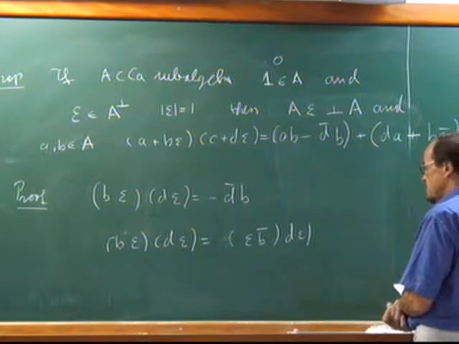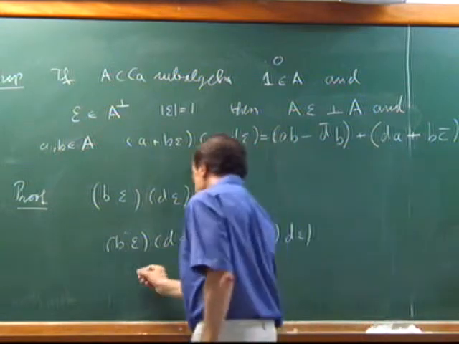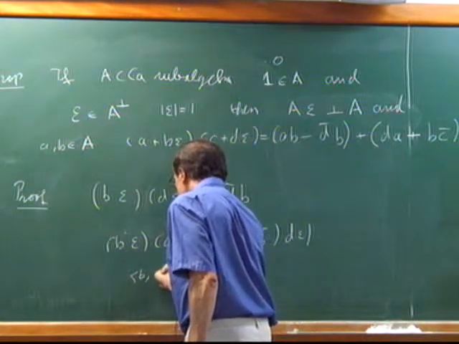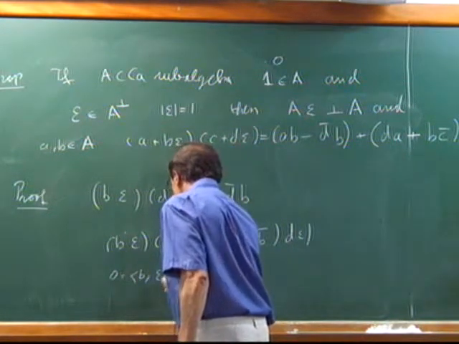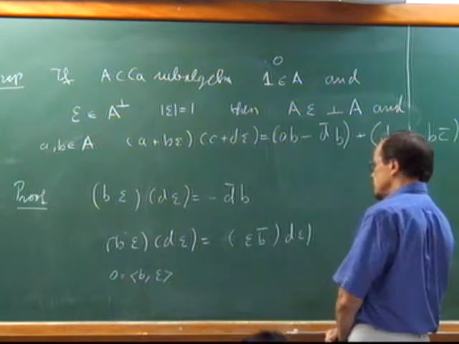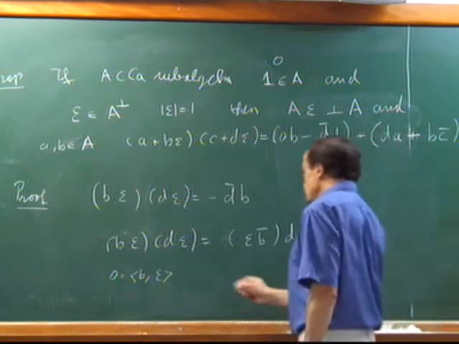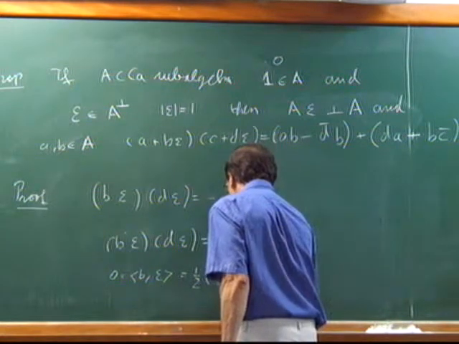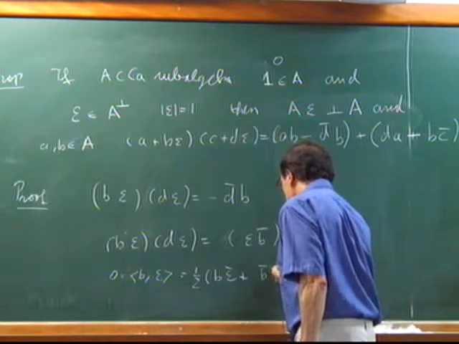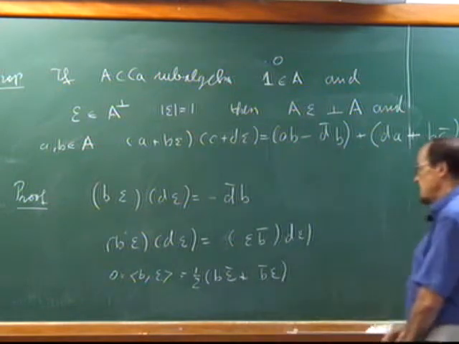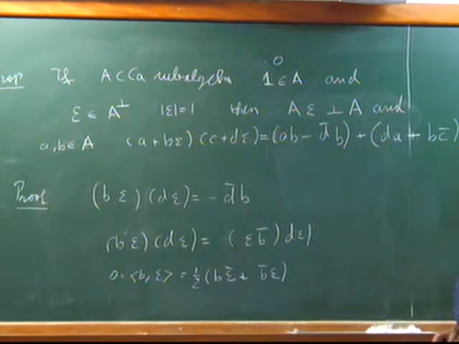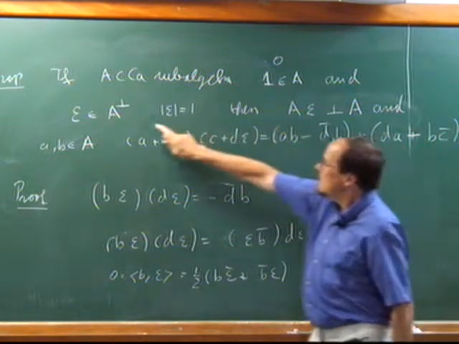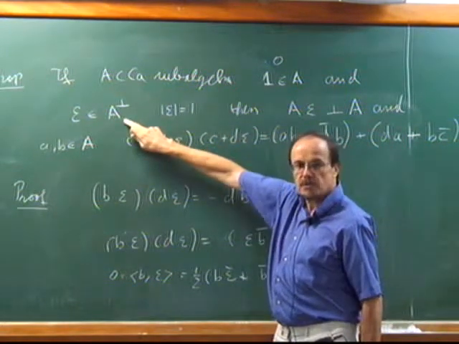So why is that? Well, B and epsilon were orthogonal. And of course, this was 1/2 (B epsilon bar plus B bar epsilon), right? But epsilon bar is orthogonal to 1, right? 1 is contained in A. Epsilon is orthogonal to A, so epsilon is also orthogonal to 1.